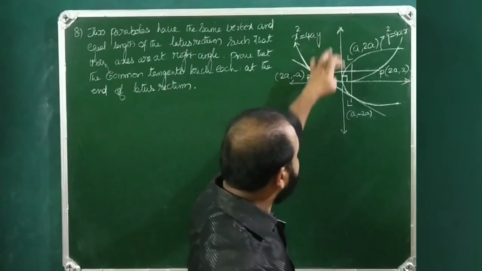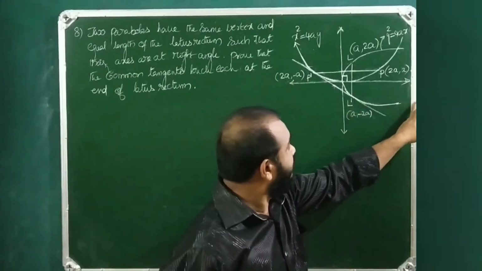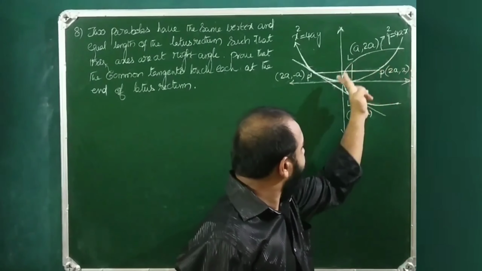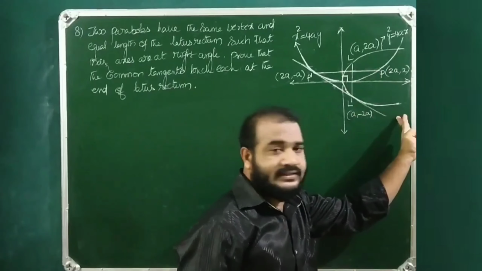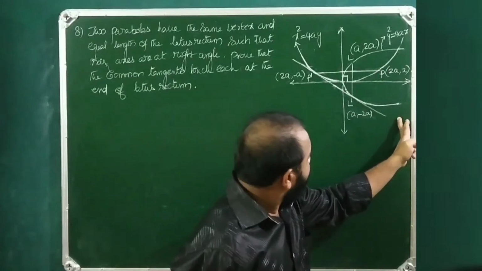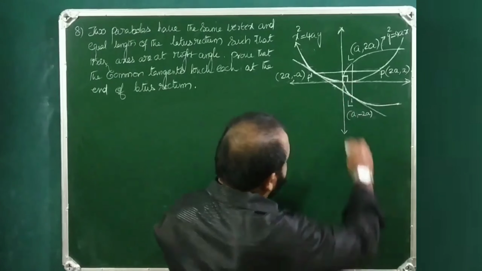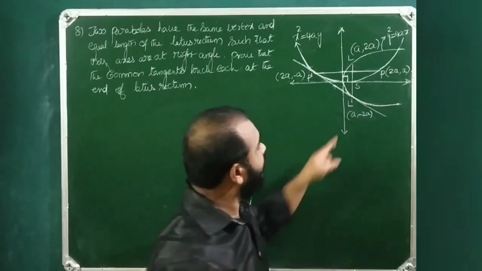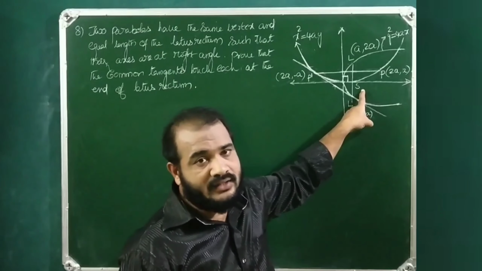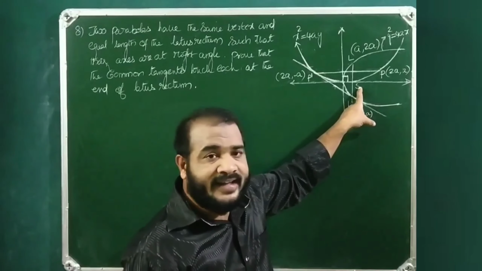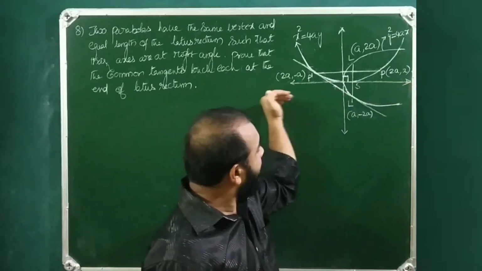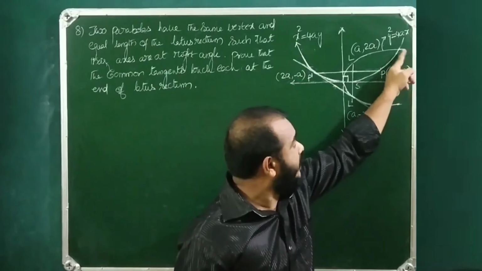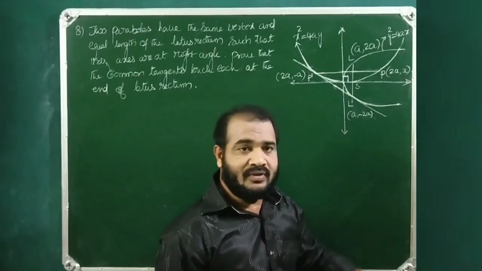See, this is the diagram of these parabolas. This is y square equals to 4ax. And the focus is this. This is the focus, fixed point. So this fixed point lies on x-axis. Therefore, x-axis is the principal axis of y square equals to 4ax.